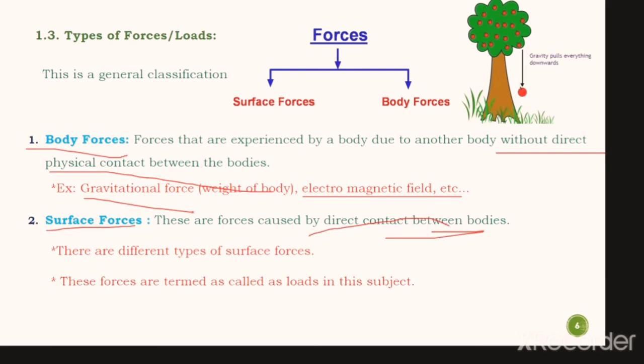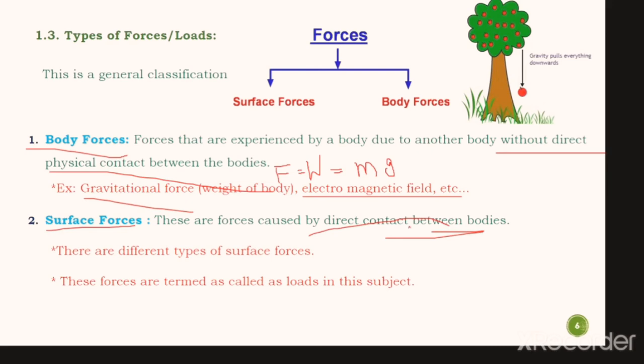We denote this as W and we generally call it weight, which is equal to m into g. Okay, this is the most famous Newton's formula. Yeah, he gave this formula after sitting on a tree. Sorry, under a tree. Okay, forgive me.